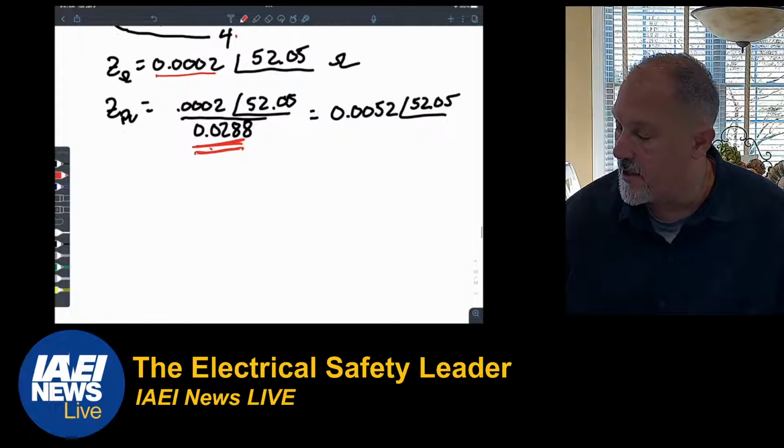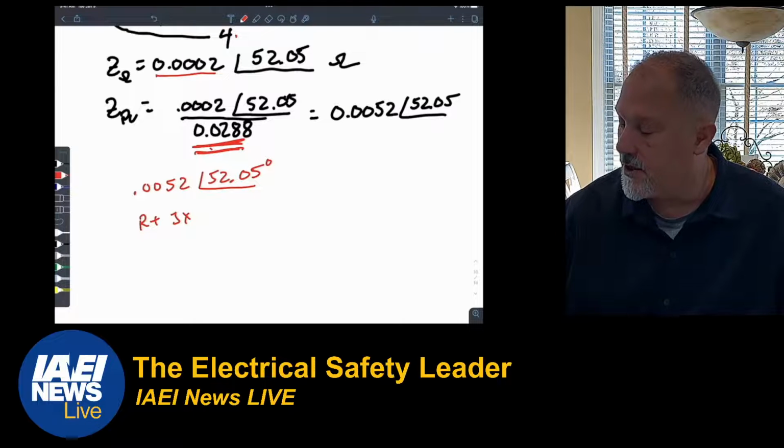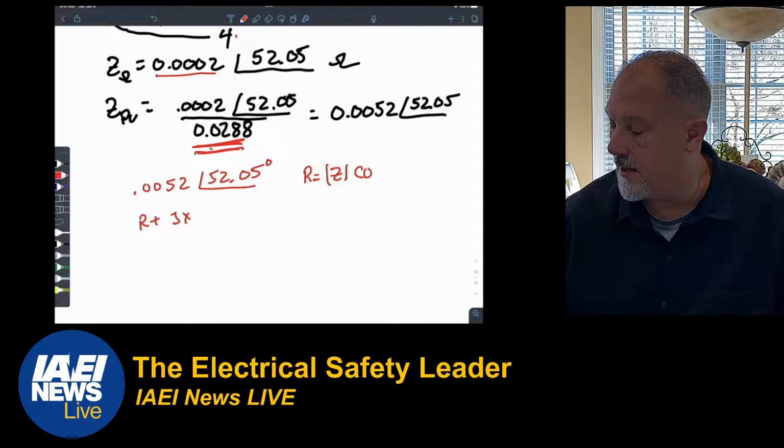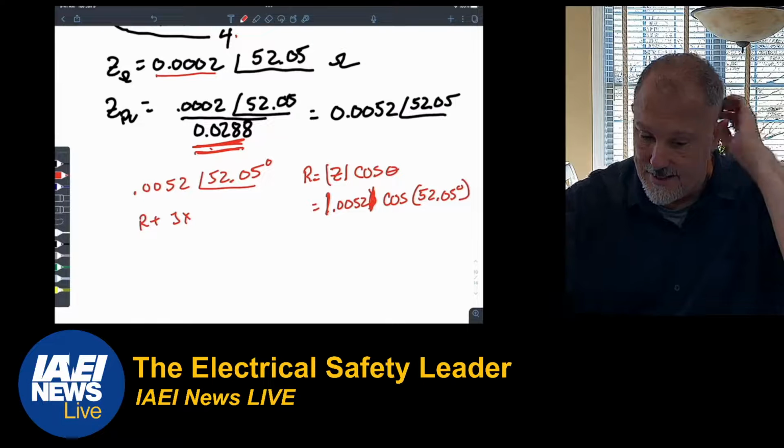Now, let's just convert this. 0.0052 at an angle of 52.05. I want to turn that into an R plus jX, right? So remember, R is equal to Z cosine theta, which is the magnitude 0.0052 times cosine of 52.05 degrees, right?